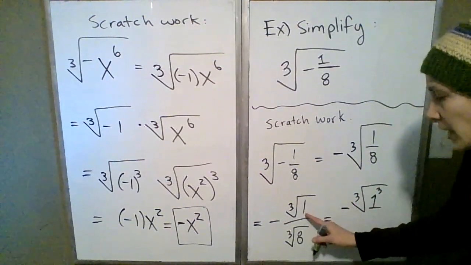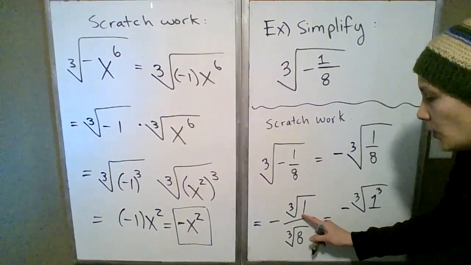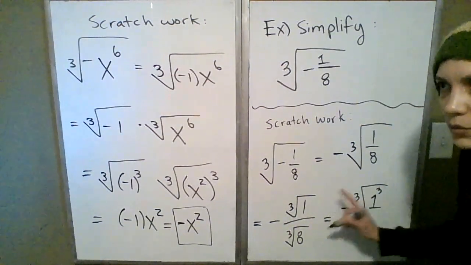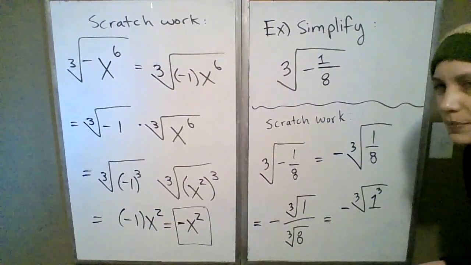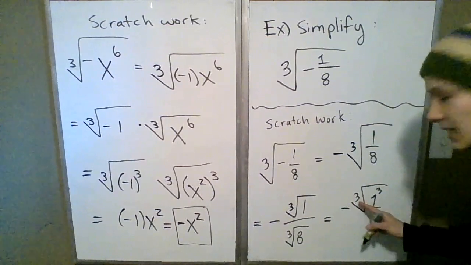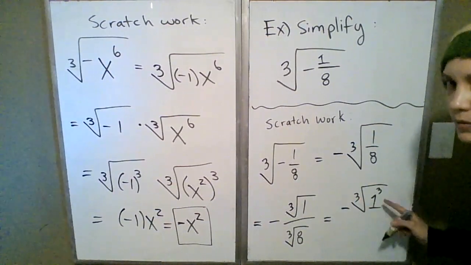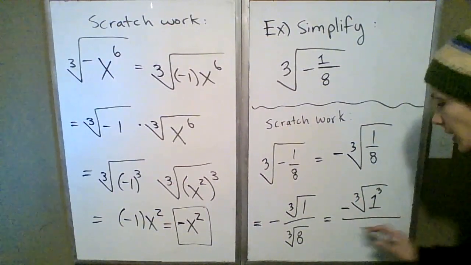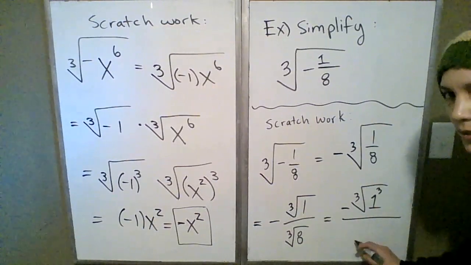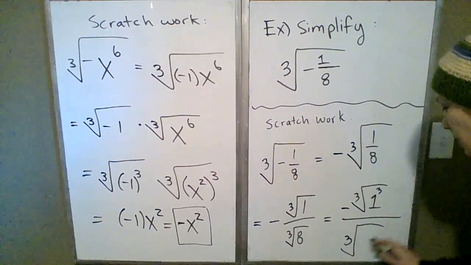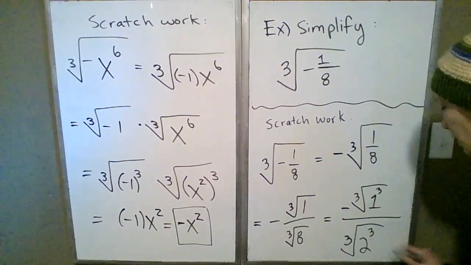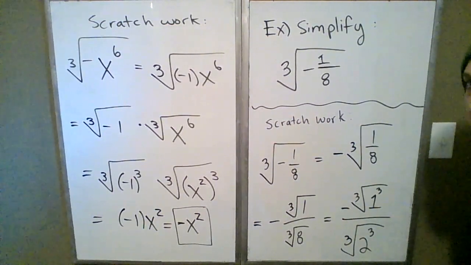Or if you just want to think about it as 1 with a 1/3 power is still 1. 1 to any power is 1. I like it like this. I like to take the cubed root of 1 cubed, which will be 1, over the cubed root of 2 cubed. I can write 8 as 2 cubed. So I end up with -1/2.